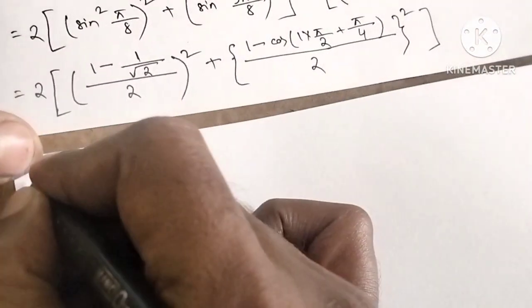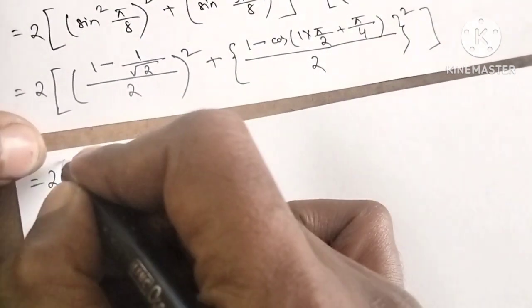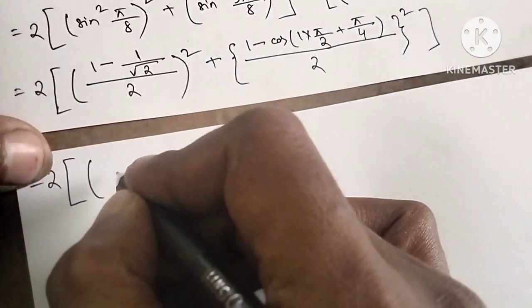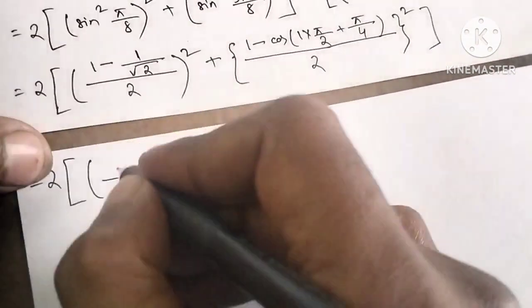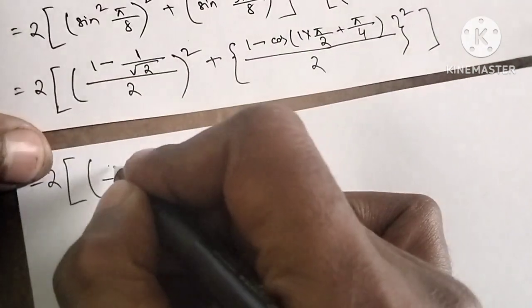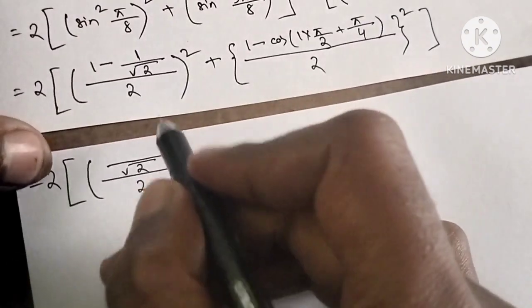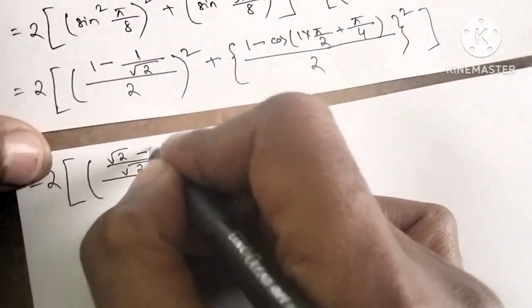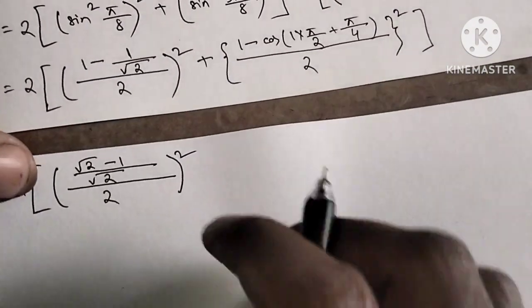So see now, 2, LCM will be root 2 minus 1, right?